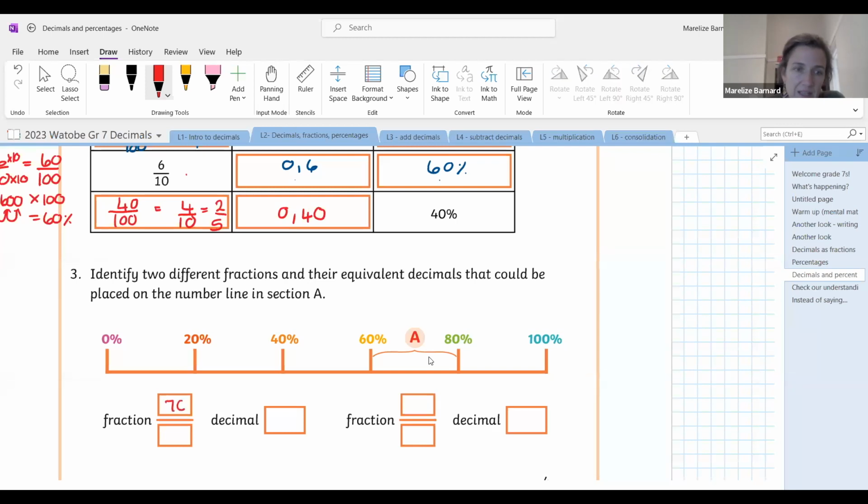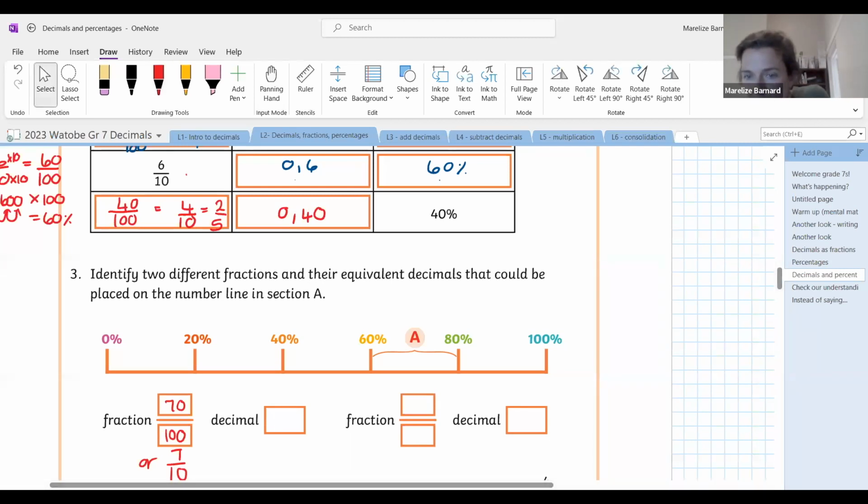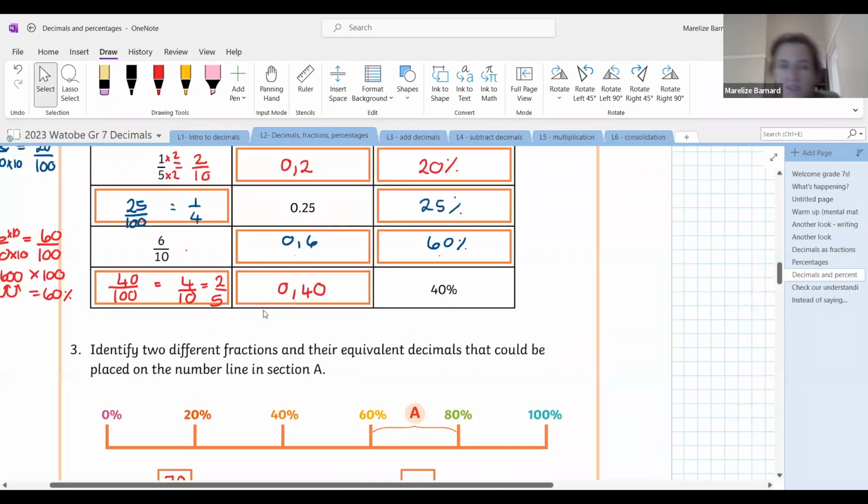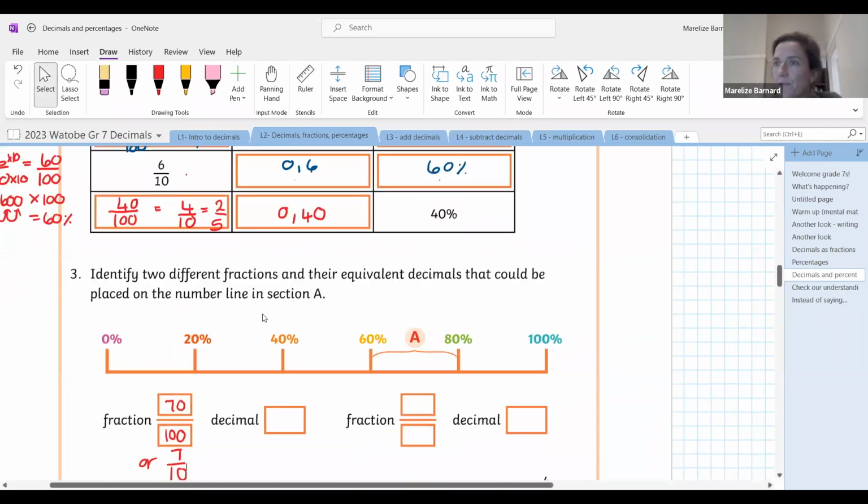Is 70 over 100, or 7 tenths. And as a decimal, 70%. No one's given me the decimal yet. 0.7, nice.